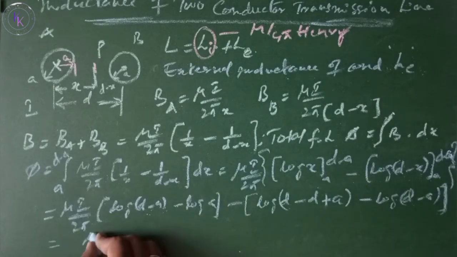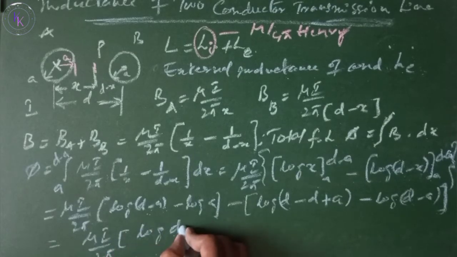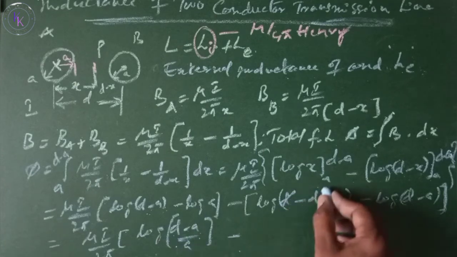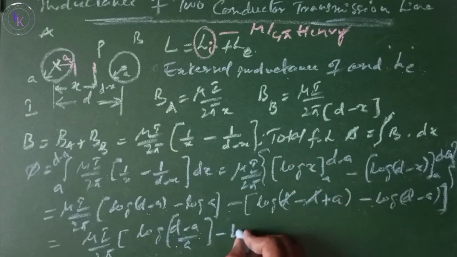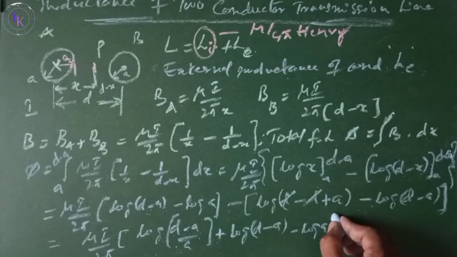This is nothing but mu I by 2 pi times log d minus a by a, the log d minus a terms get cancelled, leaving log d minus a minus log a.